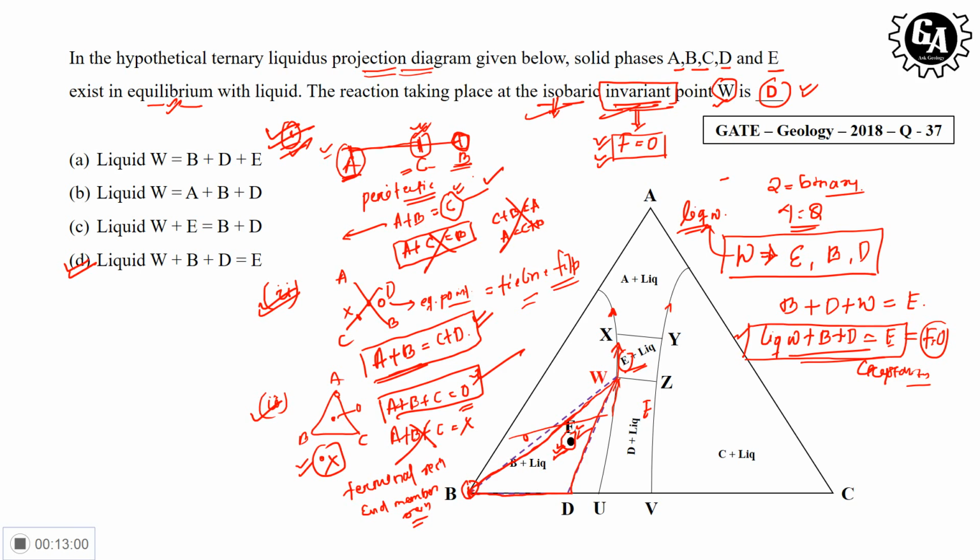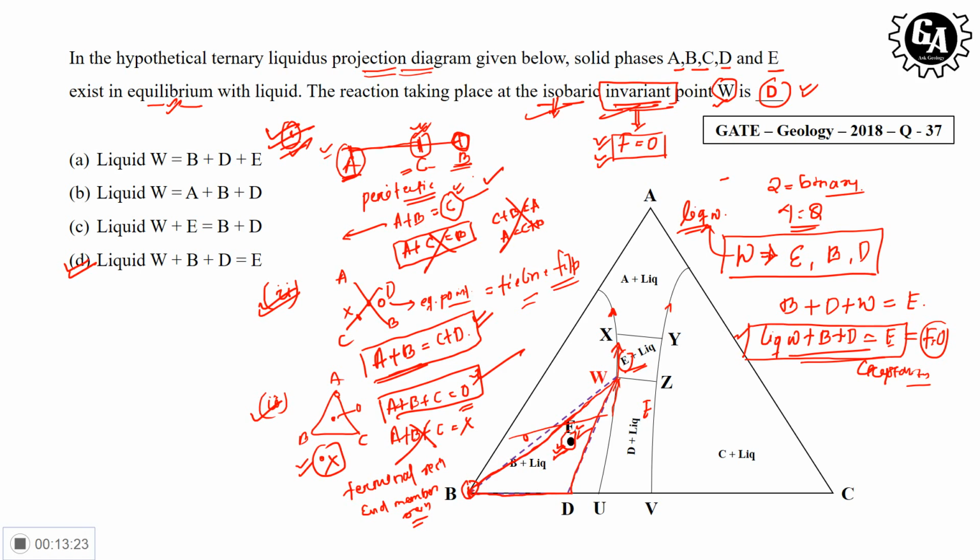And after that the degree of freedom will change from 0, otherwise the reaction cannot move. For a reaction to move in a Tx space, temperature composition space, we need a degree of freedom. If it is invariant, if the degree of freedom is 0, then we cannot move.